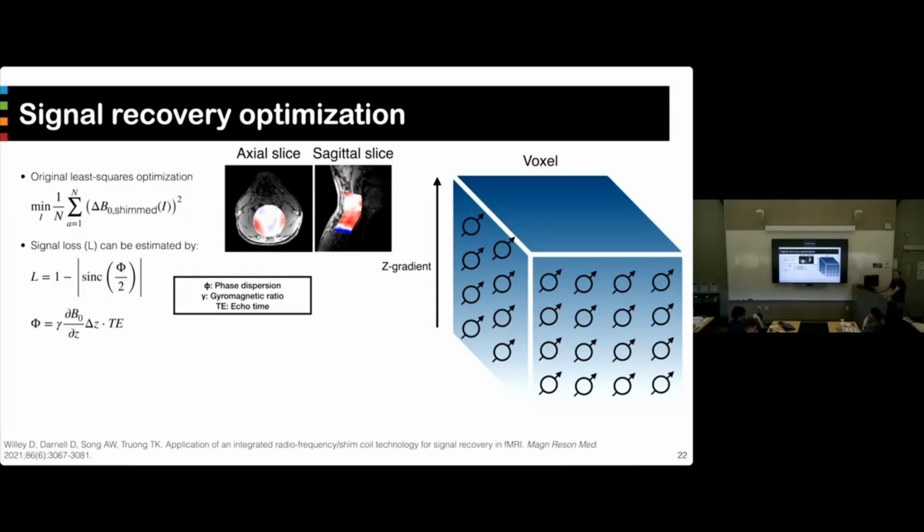So if you assume that this B0 inhomogeneity across the slice is linear, you can compute a signal loss term using these equations.